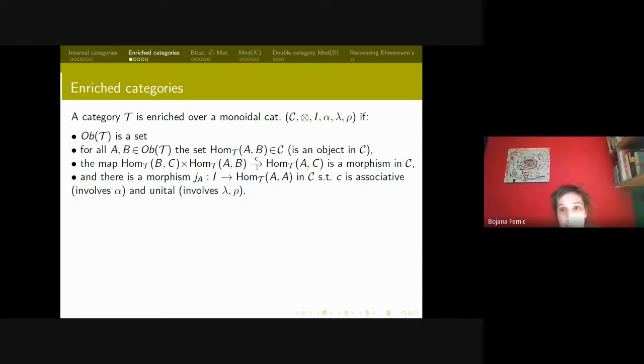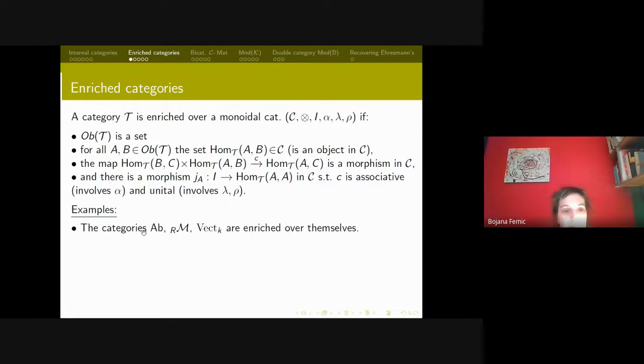And since it is a morphism in C, to express this associativity, we are using the tensor product from the monoidal category C. And this is also unital with respect to this J. So these are two morphisms in C, and for that, we also involve these lambda and rho unity constraints of the monoidal category C.